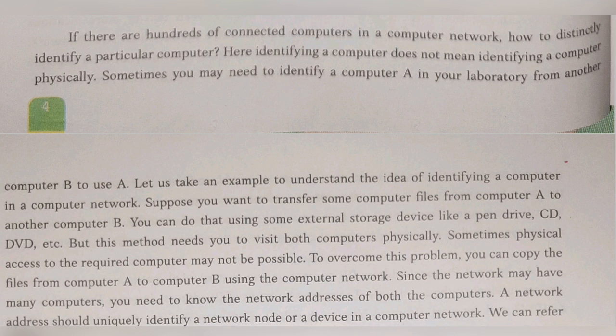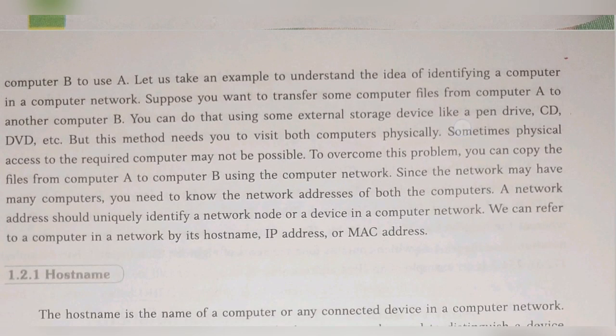Sometimes the same name can be repeated 2-3 times. So at this time a problem arises for sending data or files to that particular computer. So we provide IP addresses to the computers so that we can uniquely identify that particular computer on the network.